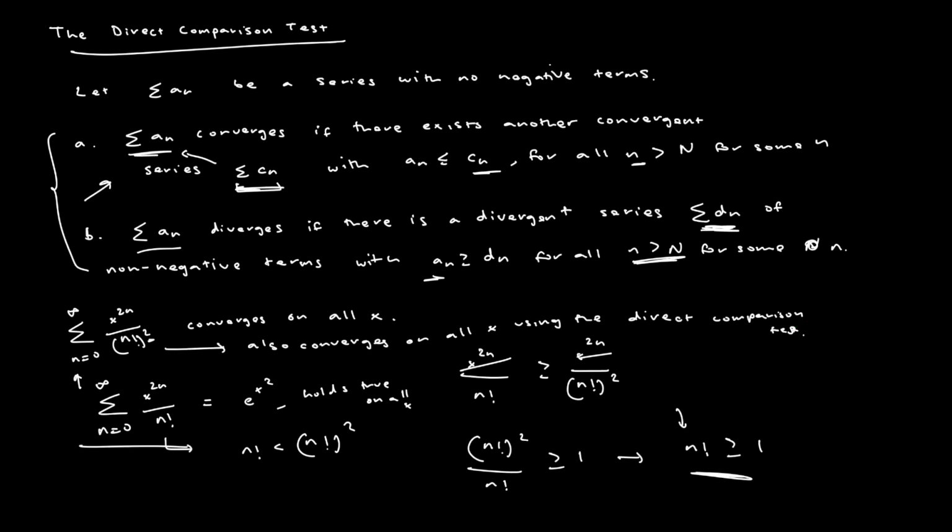So now we're going to talk about another test, and this test is called the ratio test. And so the ratio test says let this summation represent an infinite series.